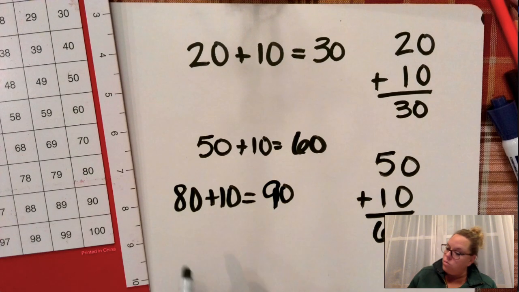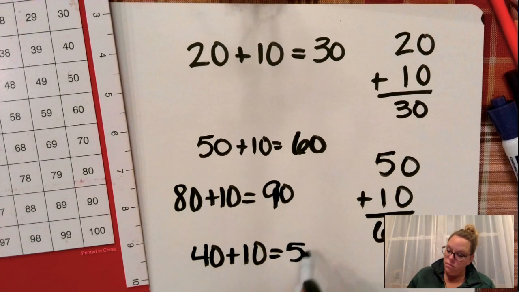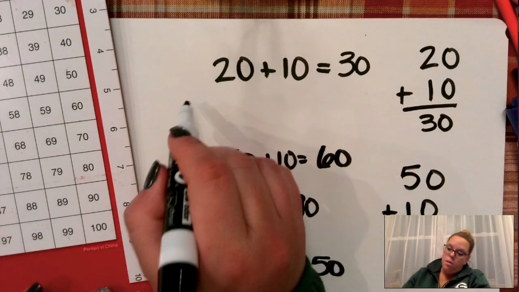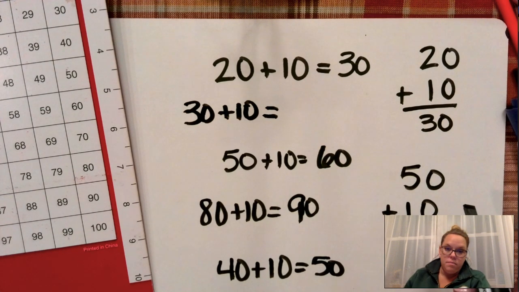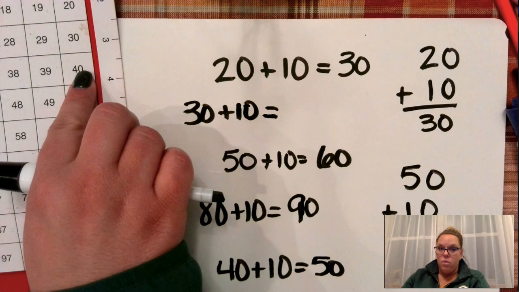What about 40 plus 10? Right, 50. What about 30 plus 10? Here's 30. 10 more.